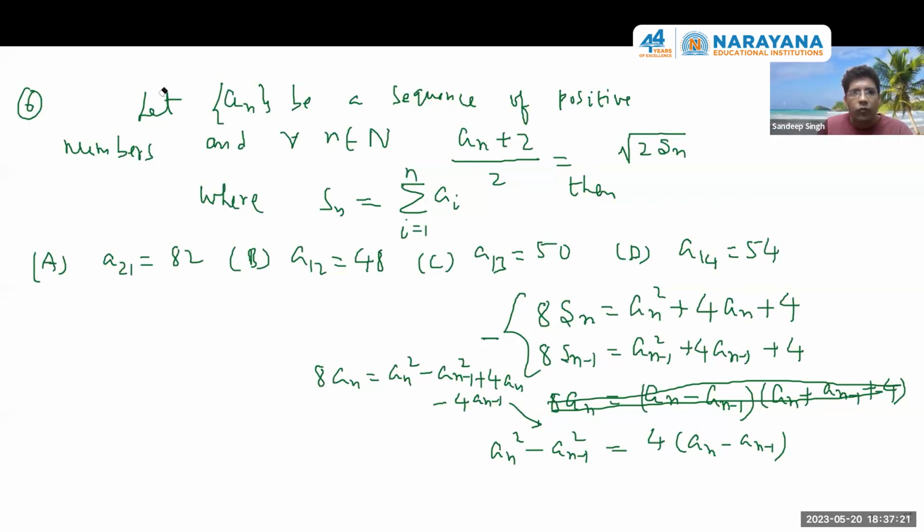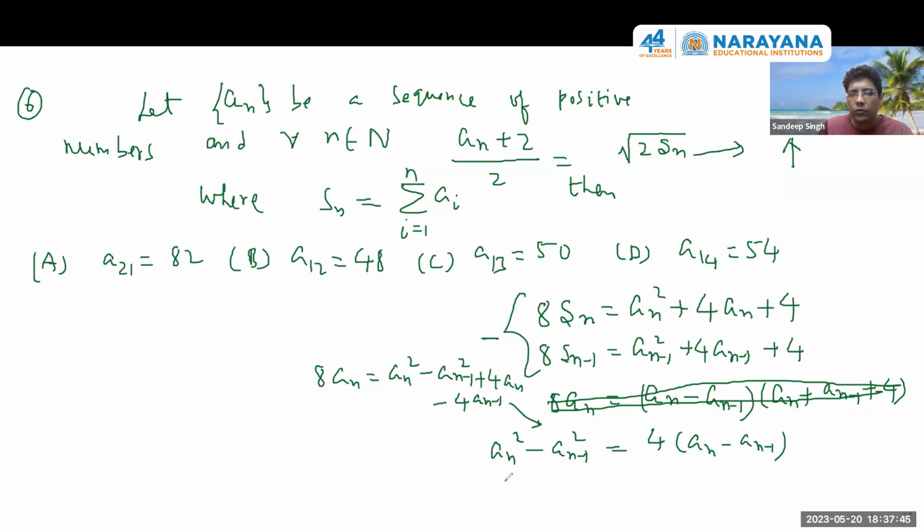Yes. So now if you factorize this in this manner, this will be this. Can you see this? This is an increasing sequence. Why? Because the square root of something is always positive. So if you keep on doing this, S_n will come out as a positive number, because this is a positive sequence. That means a_n plus a_{n-1} cannot be 0.